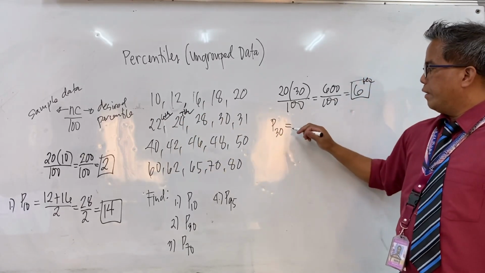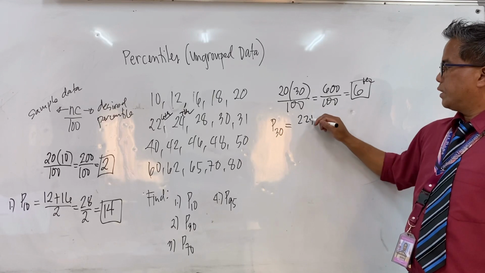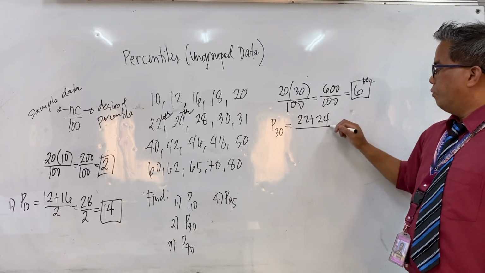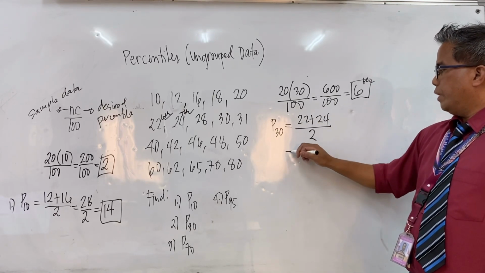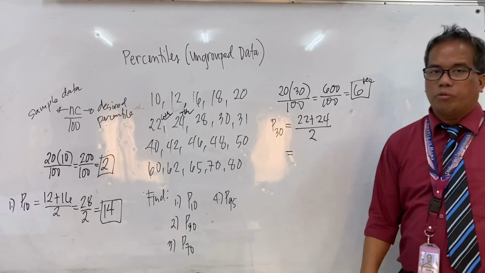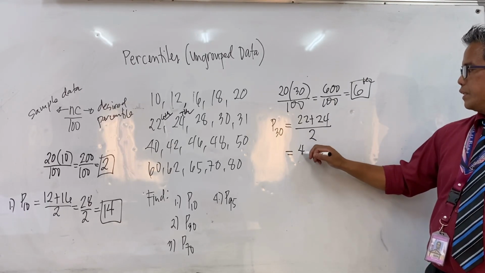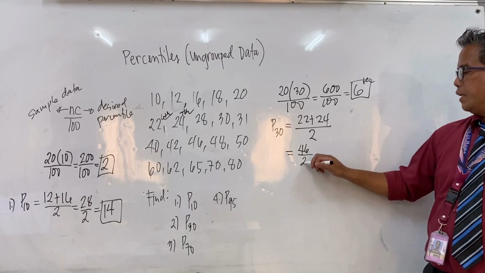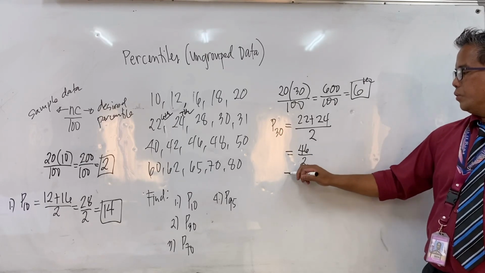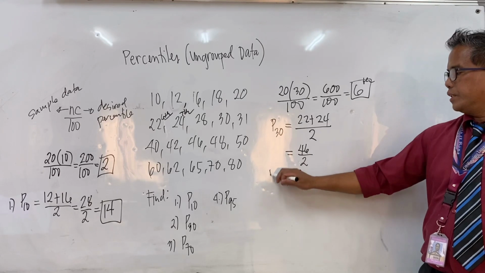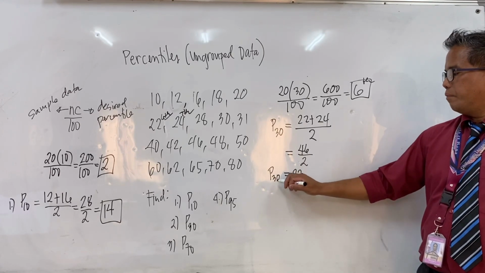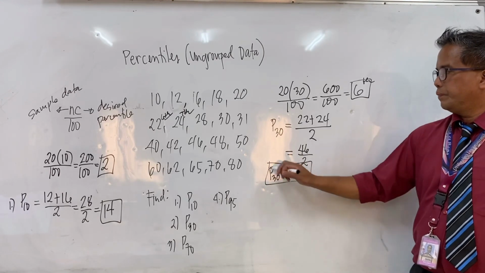That is why the formula is 22 plus 24 over 2. 22 plus 24 is equal to 46, divided by 2 is equal to 23. So this is the value of percentile 30.